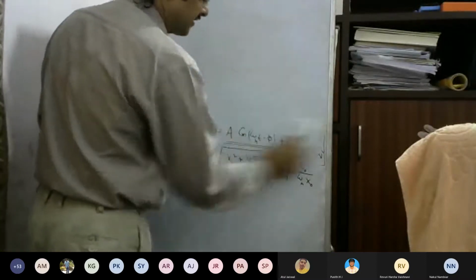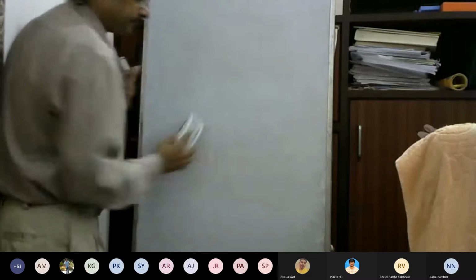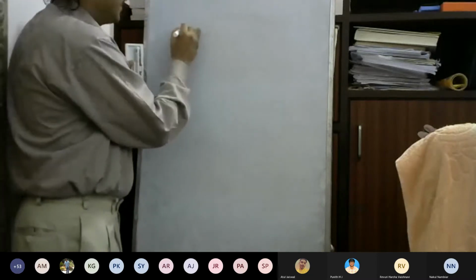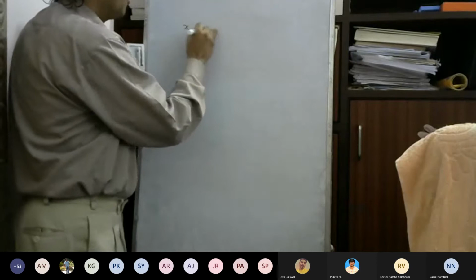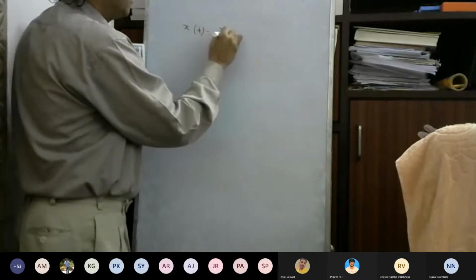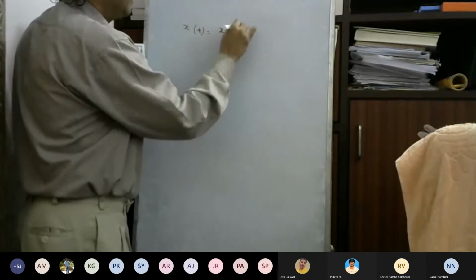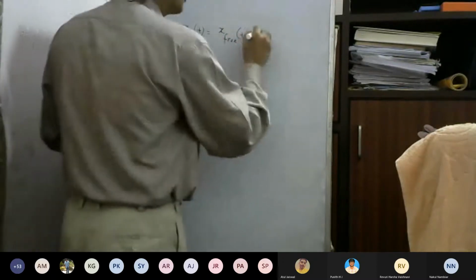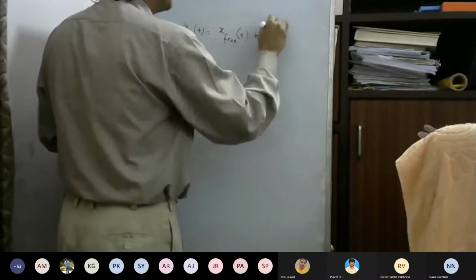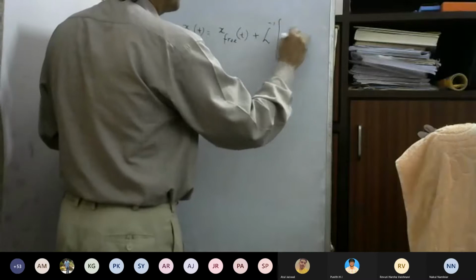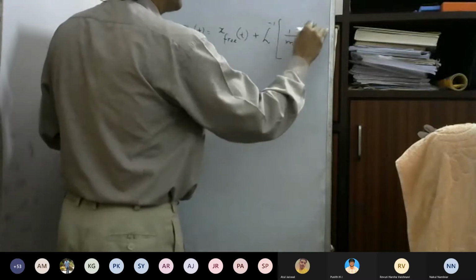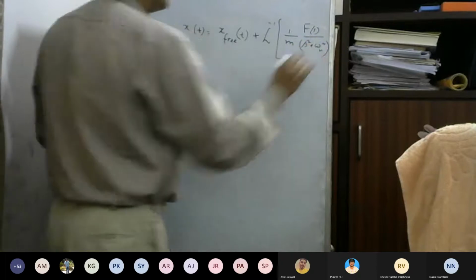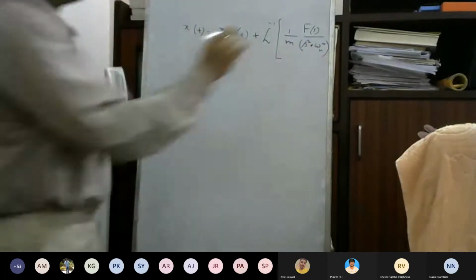So what I am now considering is, you see that this x(t) has one part, let us say I call this f free t, which I have already shown, and the other part is the Laplace inverse of 1 by m, F(s) times 1 over s square plus omega n square.